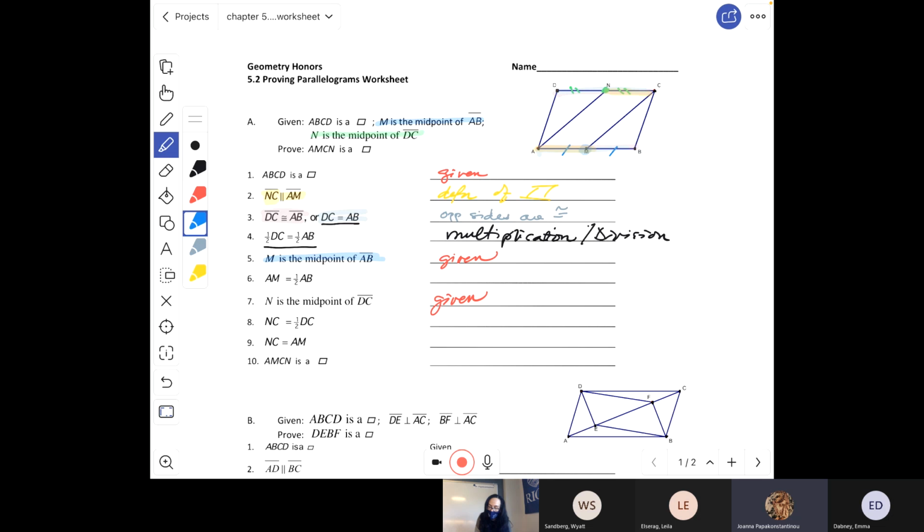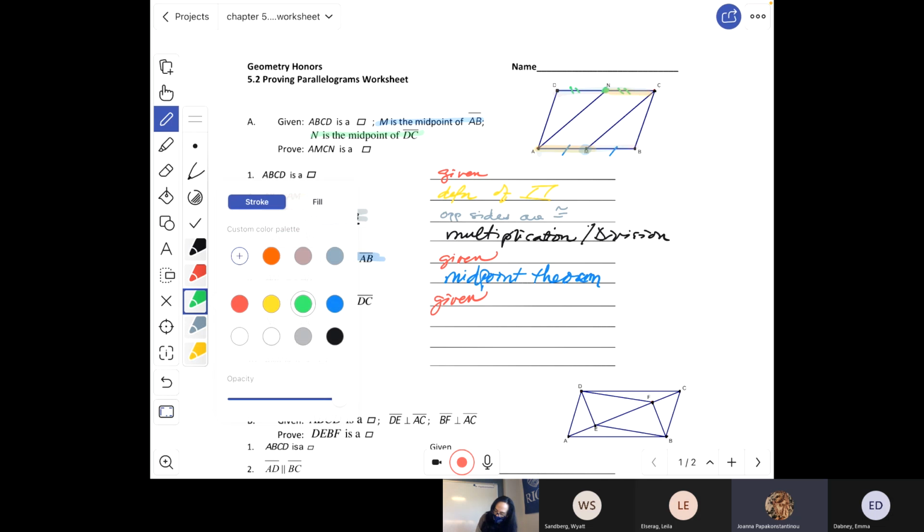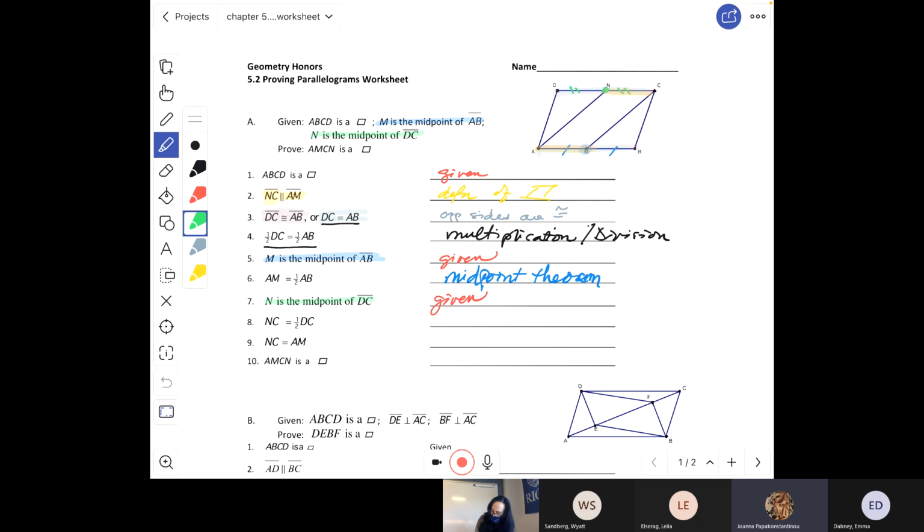So now, what are you thinking? Yes, the midpoint theorem. This was given. So the next step is justified by, again, the midpoint theorem.